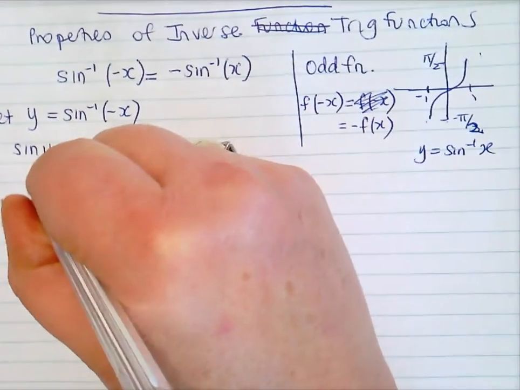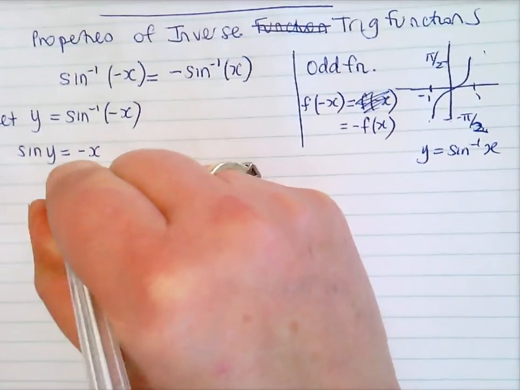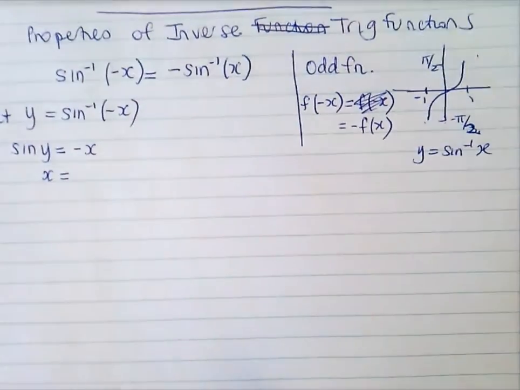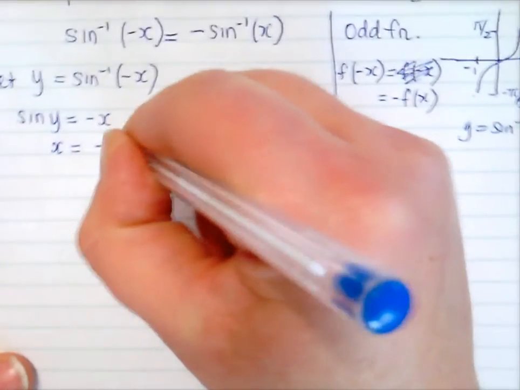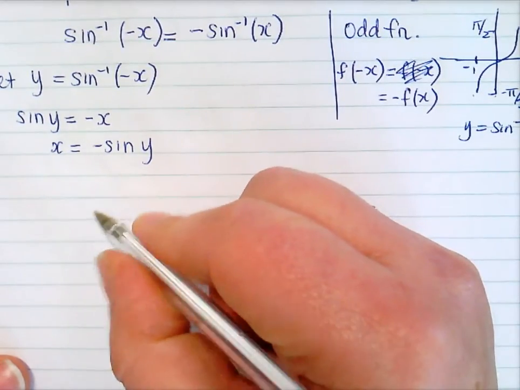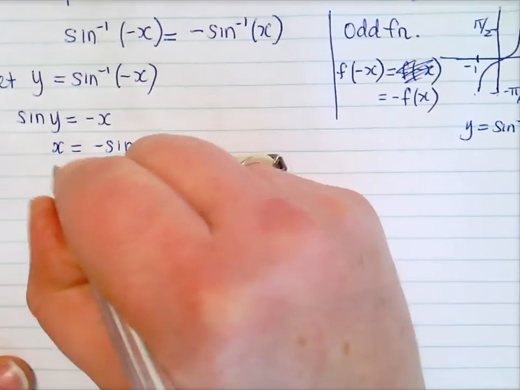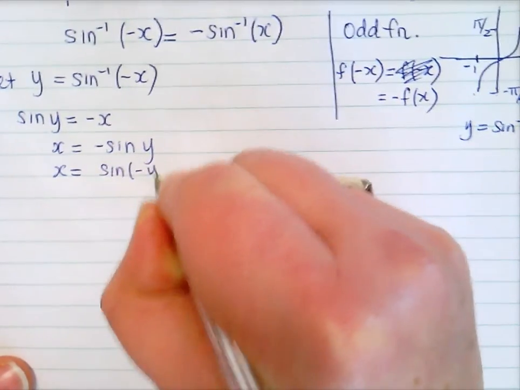Now, I'm going to make x the subject. So x equals what? How do I make x the subject? Negative sine y. Isn't that the sine of negative y?